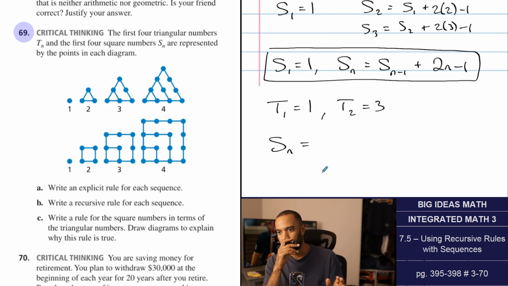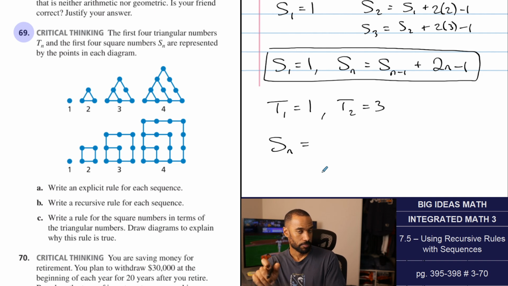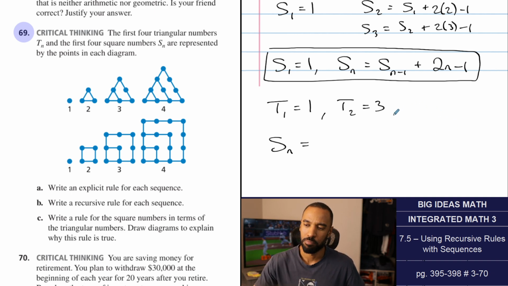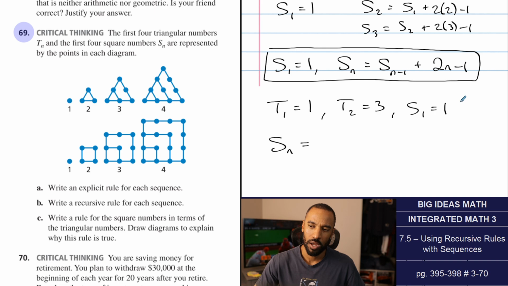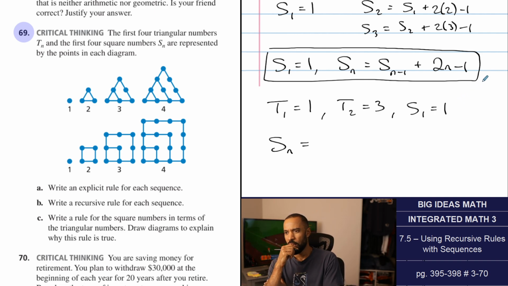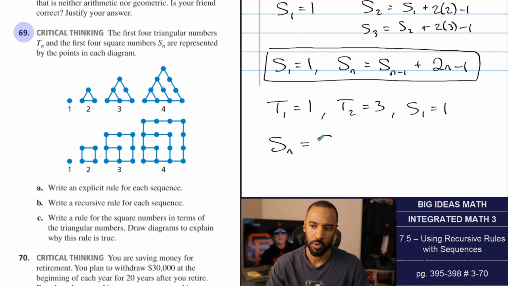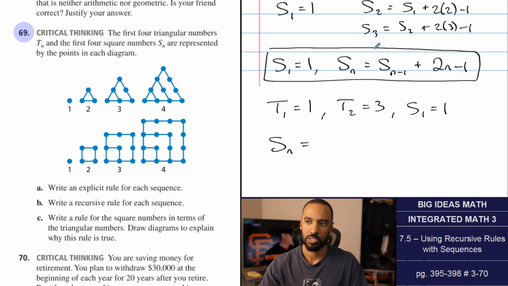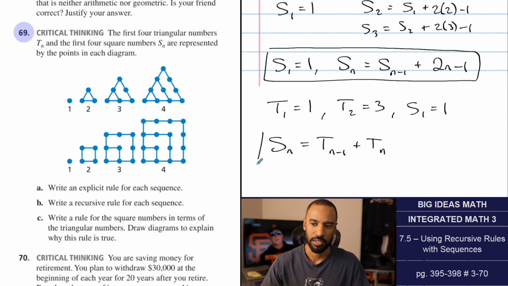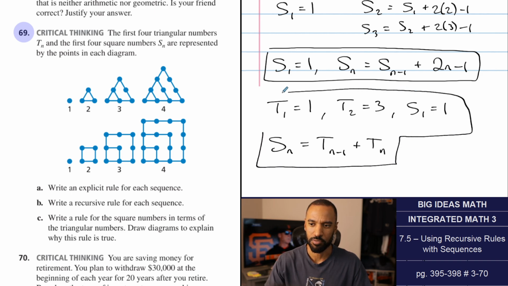So if I want to find the second term of the square numbers, do I have to say that S sub 1 is 1 as well? Is that weird? The second term would take the first term plus the second term of those. So it would be t sub n minus 1 plus t sub n. Like that.